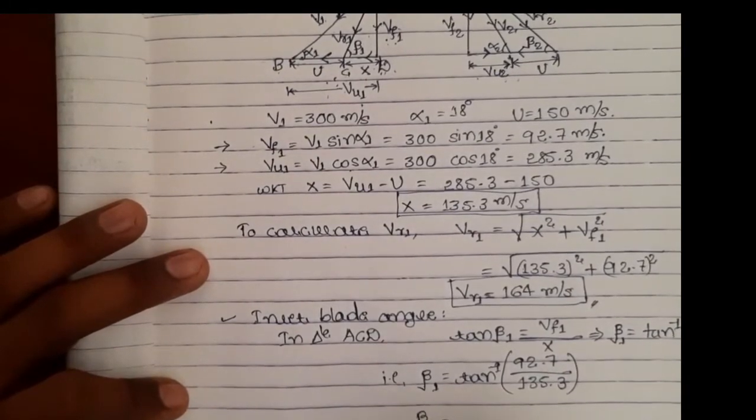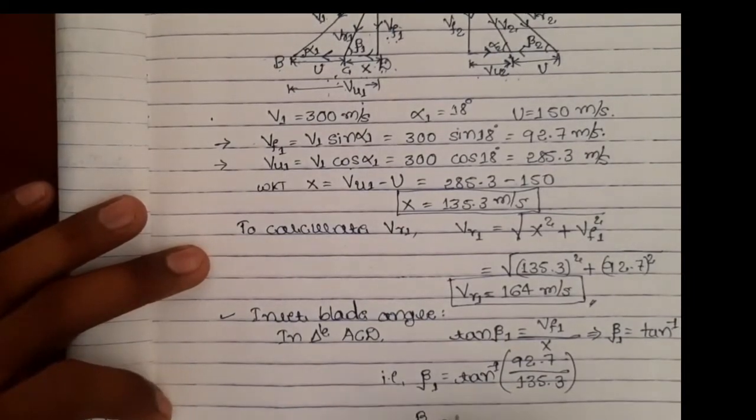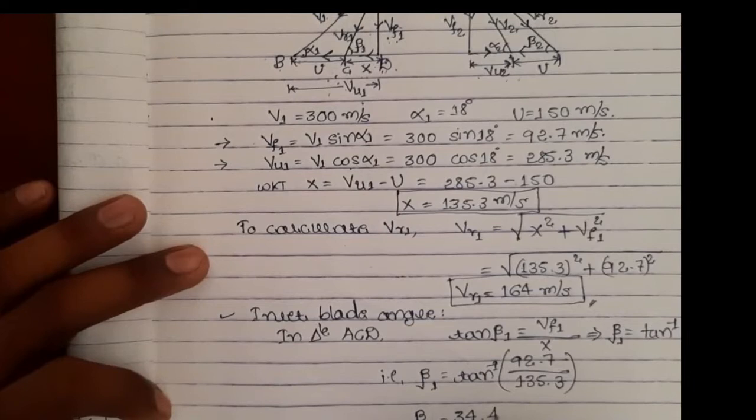So beta 1 will be, upon calculation, 34.4 degree.